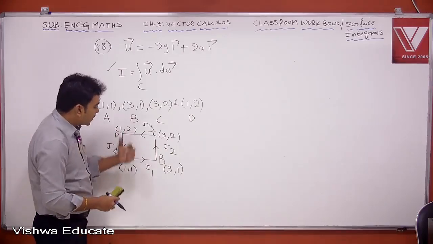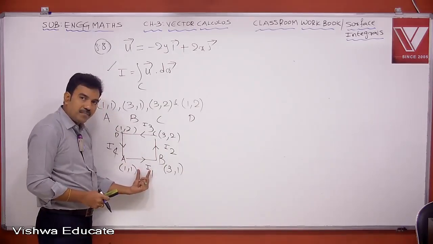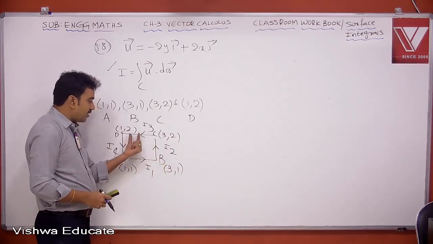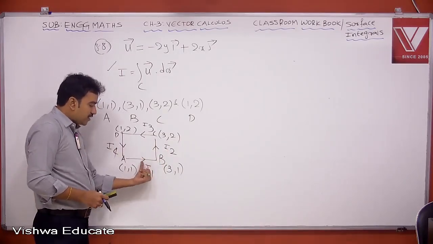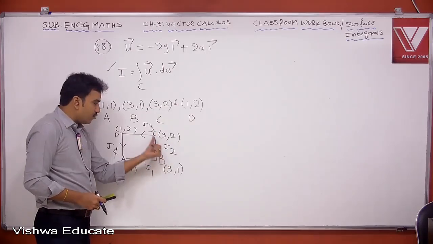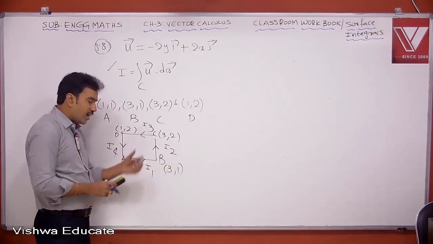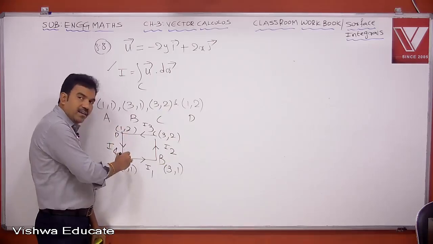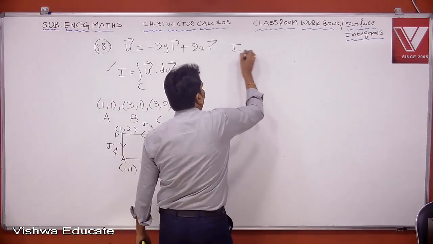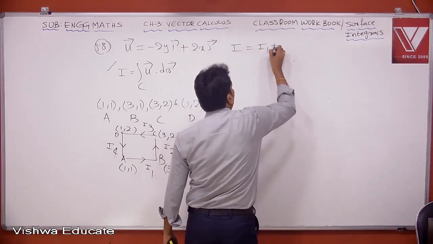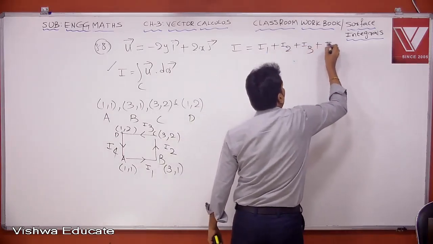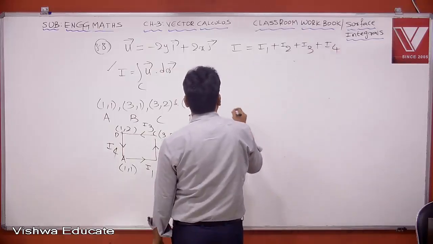The first line integral, along A to B, I call I1. Along B to C the line integral is I2, along C to D it is I3, and along D to A the line integral is I4. Therefore, the integral I is nothing but I1 plus I2 plus I3 plus I4. Now let us find I1, I2, I3, I4 individually.